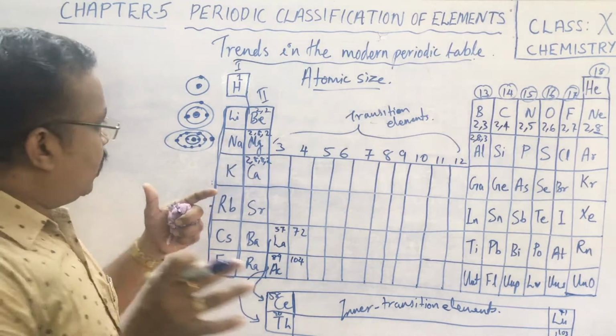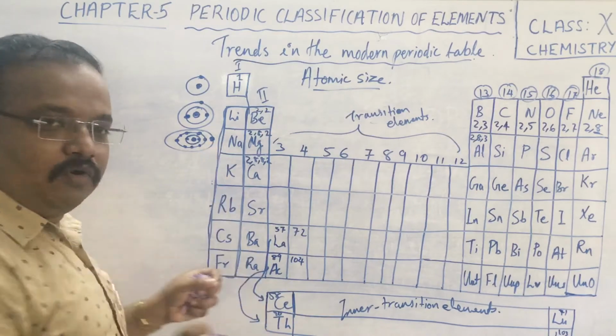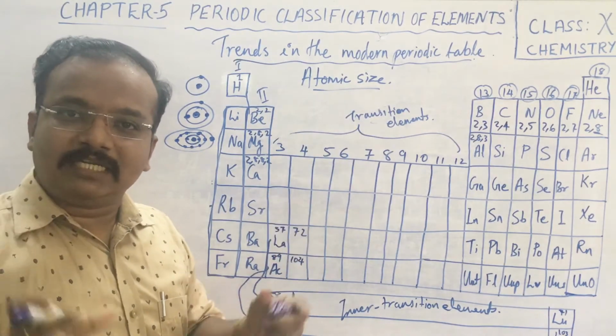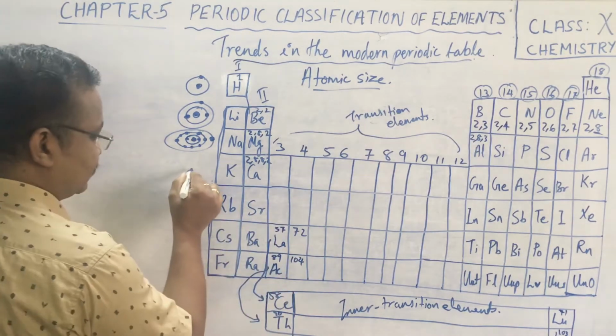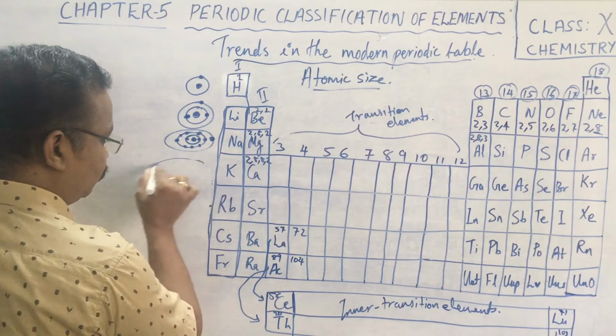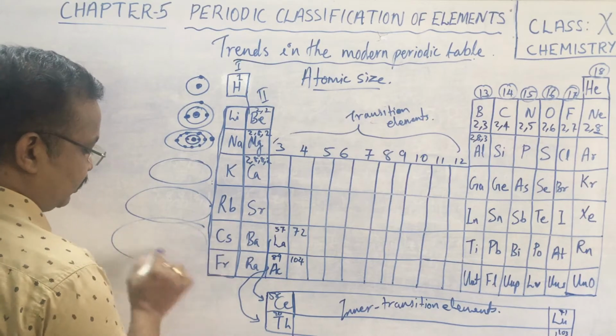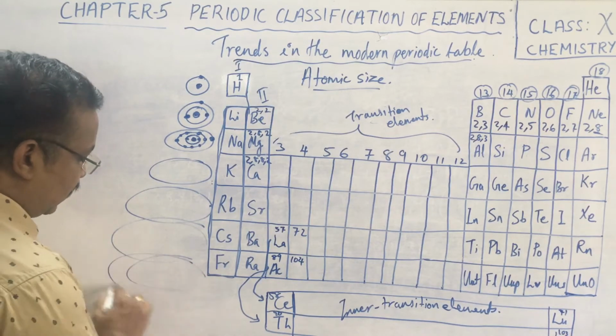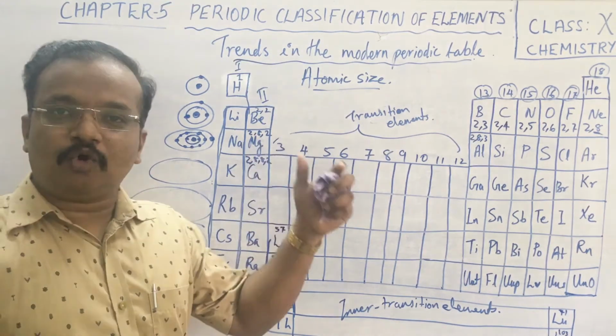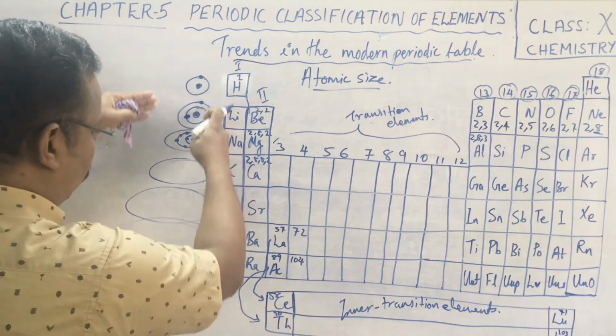So children, as you know, the number of shells or orbits keeps on increasing here. When it comes to potassium, it will be bigger than that. Then rubidium, cesium, and francium. The size will keep on increasing when you go down the group.